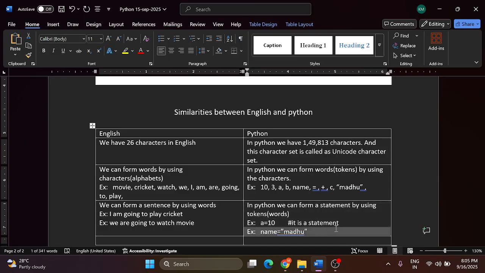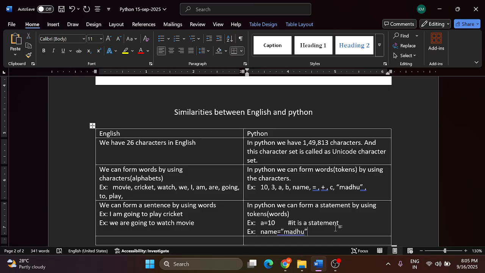Now, Anil, tell me how many tokens I've used in the second statement? 4, sir. Name is one, equal to is one, double quotation, Madhu, and so on.